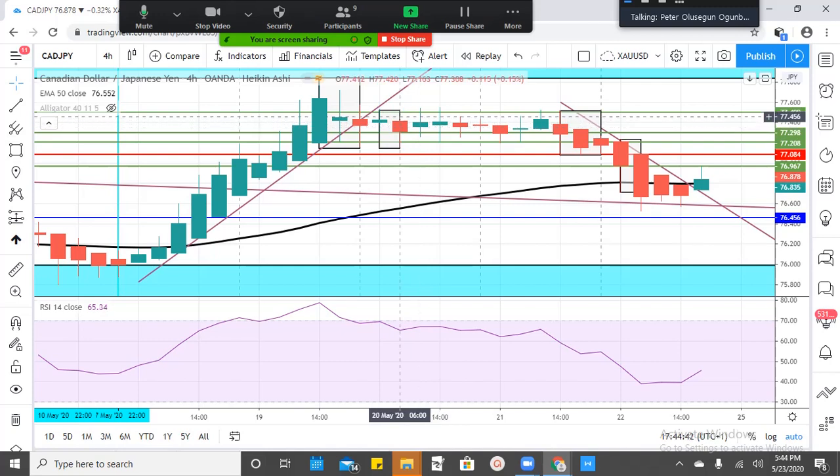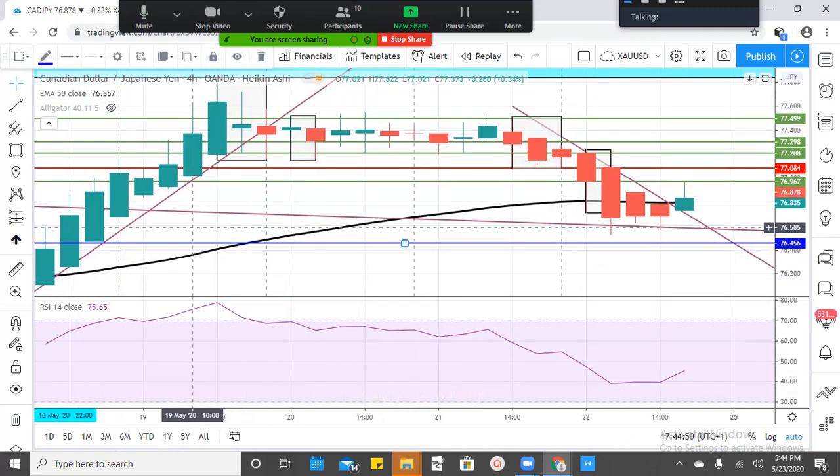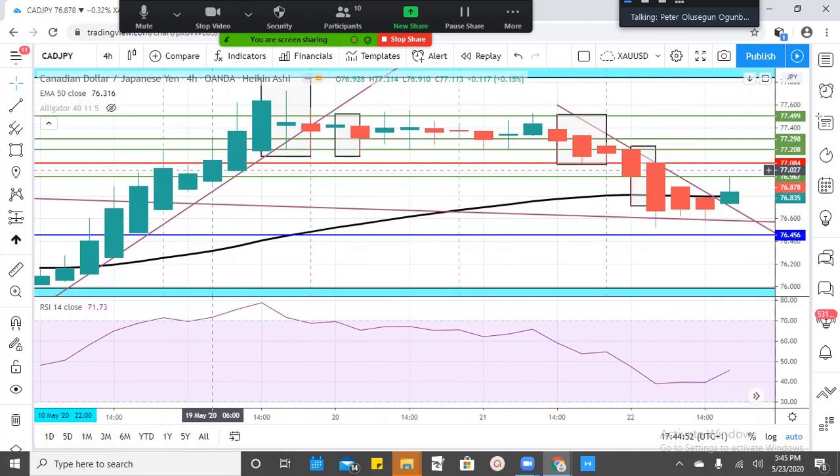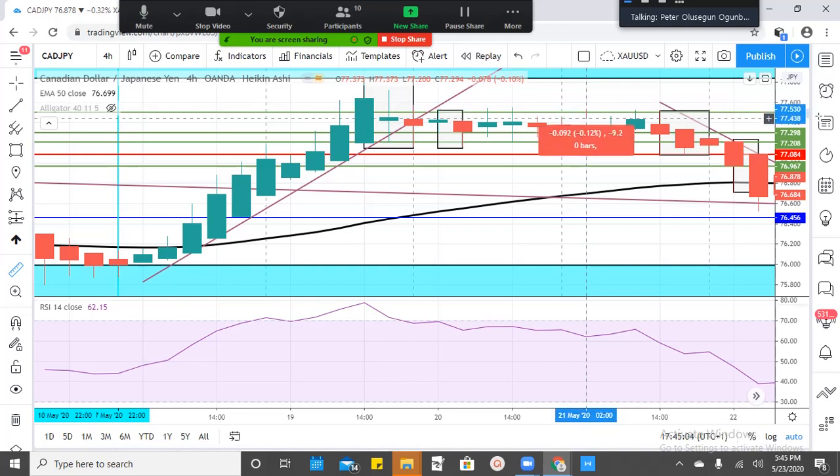So what I have to do at this point is to measure. Let me use my 4 hour. Usually I do my measurement on 15, because it's more pinpoint accurate.